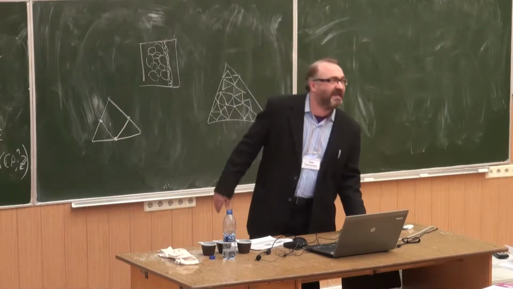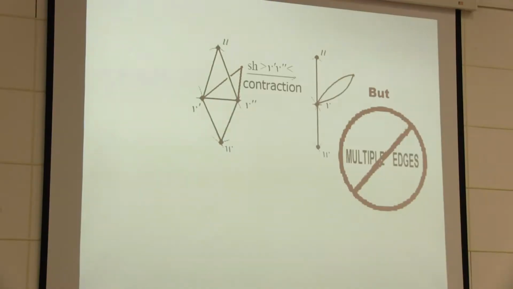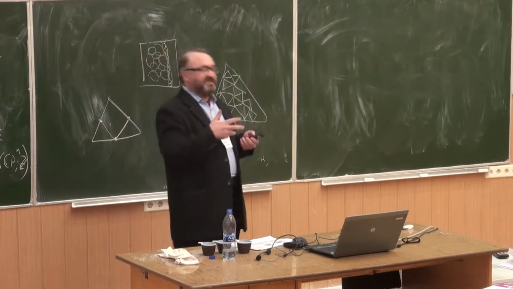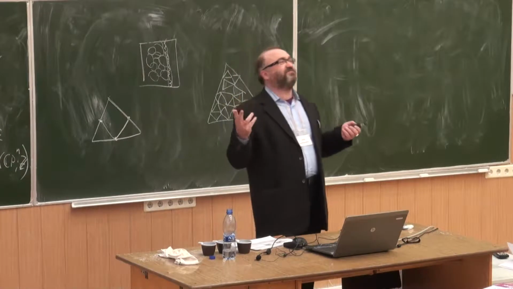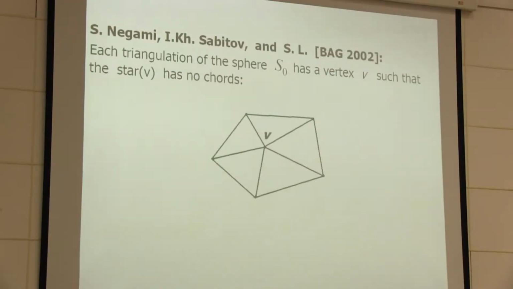So no parallel edges can exist in a simplicial complex. So we say that this edge V prime V double prime is unshrinkable or non-contractible. Non-contractible, because if you insist on contracting this edge, it will rule you out of the class of simplicial two-complexes, and also from the class of triangulations, because by triangulation we mean an object that corresponds to a simplicial complex. So no multiple edges are allowed.